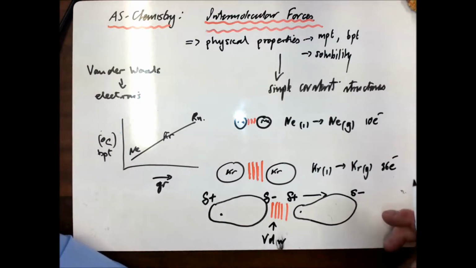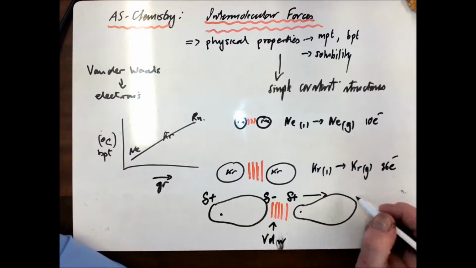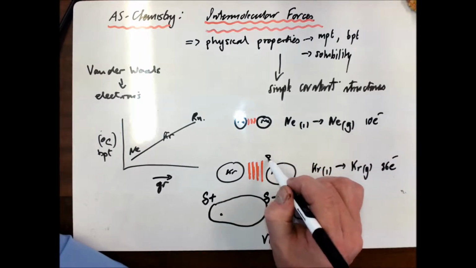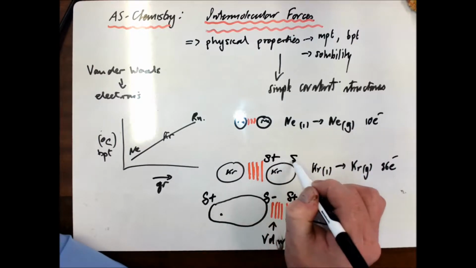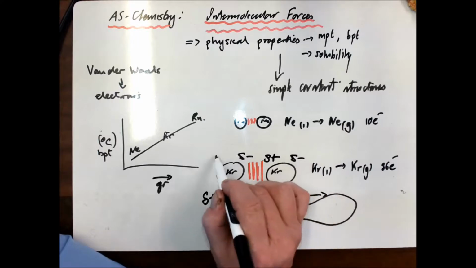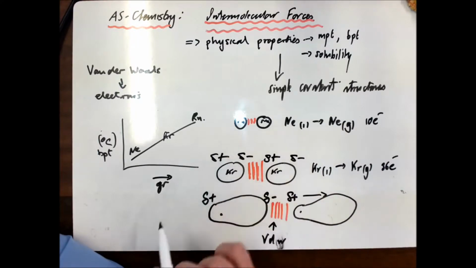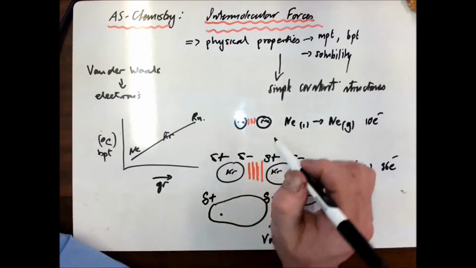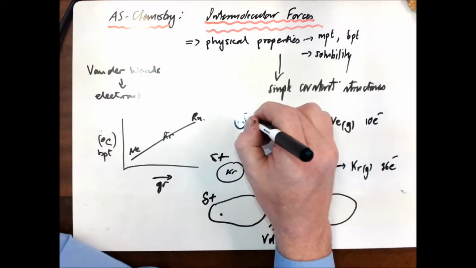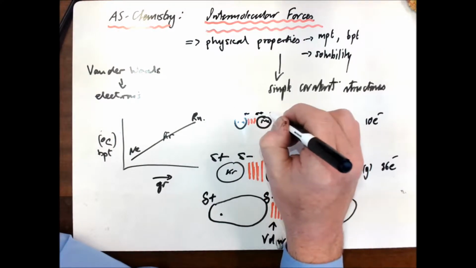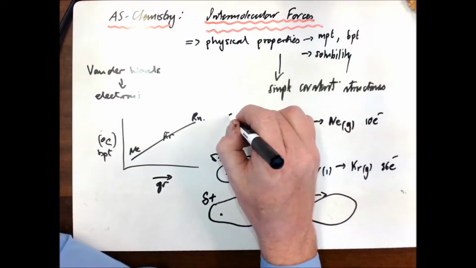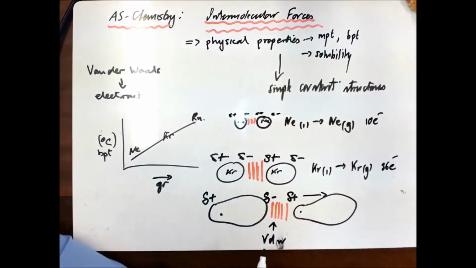Which means that in krypton I can get a much bigger delta negative and delta positive. And if we drew those relative to what we would get in neon, we're going to get a much smaller delta negative and delta positive.